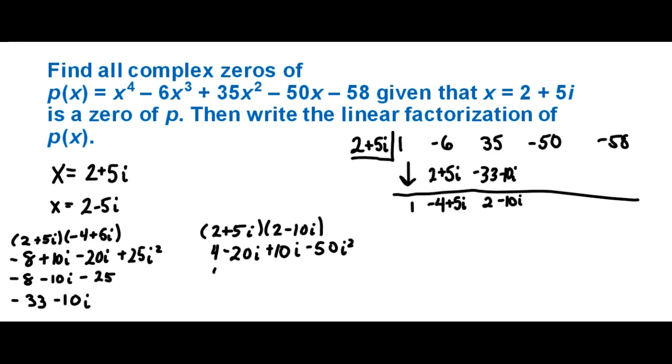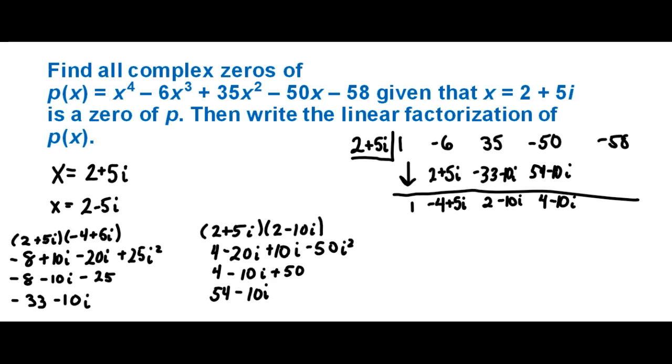So same deal, I have 4 minus 10i plus 50. And then I'm going to get 54 minus 10i. So then if I put 54 minus 10i up here, 54 minus 50 is 4 minus 10i.